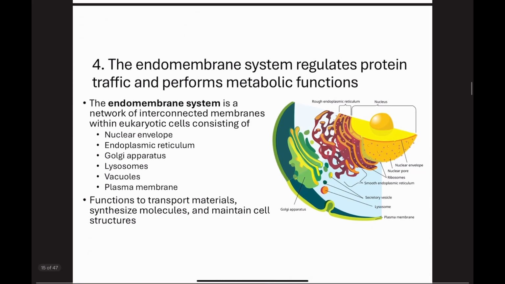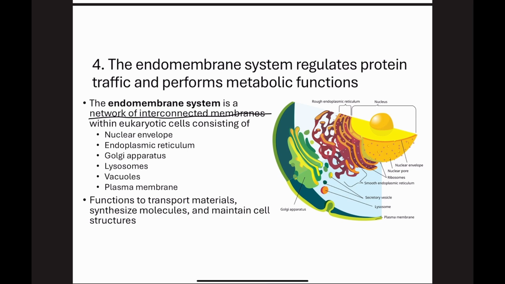So we have something called the endomembrane system, which is really important to us. The endomembrane system is a network of interconnected membranes, and this is found inside of eukaryotic cells. And it consists of 6 key structures. It consists of the nuclear envelope, which surrounds the nucleus and regulates material exchange.